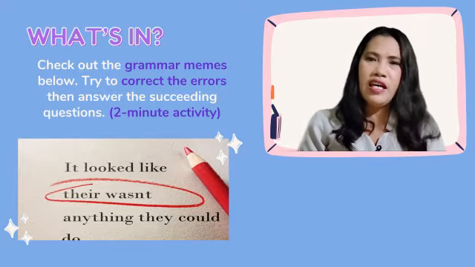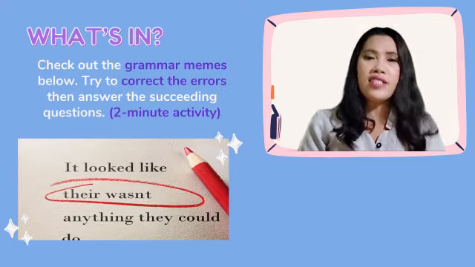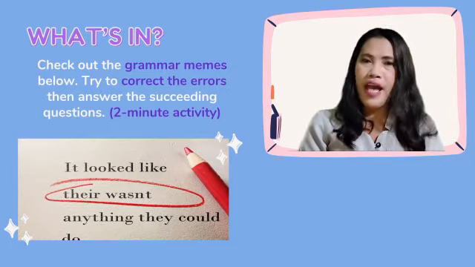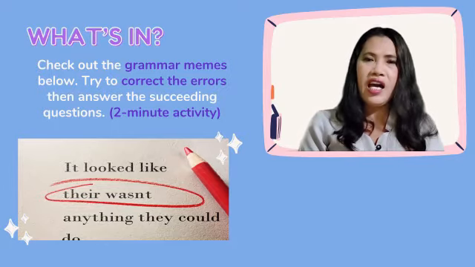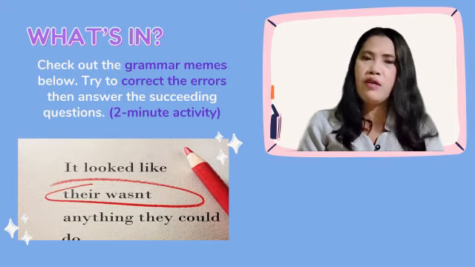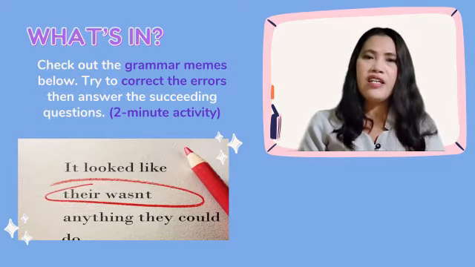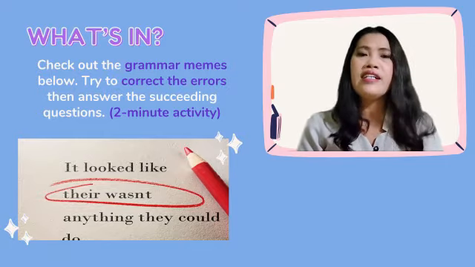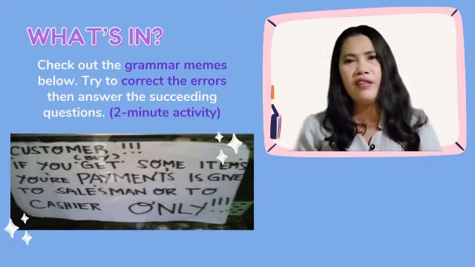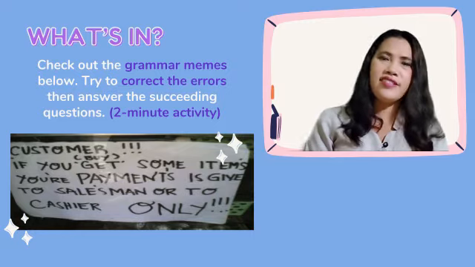As well as the word wasn't: it is wrong or ungrammatical because of the absence of an apostrophe. As you can see, though it's just an apostrophe, it really affects the meaning of the sentence or the meme. For number 3, these are the possible answers.